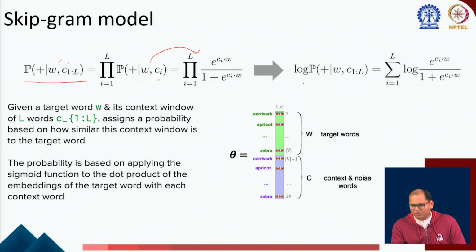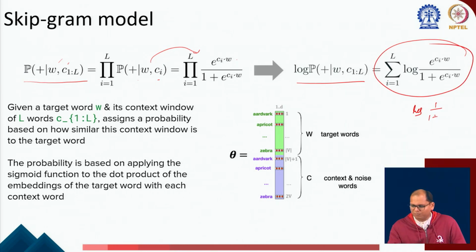And I take a log of this, so this becomes this formulation, right? And this we have seen earlier as log of 1 upon 1 plus e to the power minus c_i dot w, another way of writing this, right? So given a target word w and its context window, you assign a probability on how similar this context window is to the target word, right? And this probability is obtained simply by applying the sigmoid function to the dot product of the embeddings.